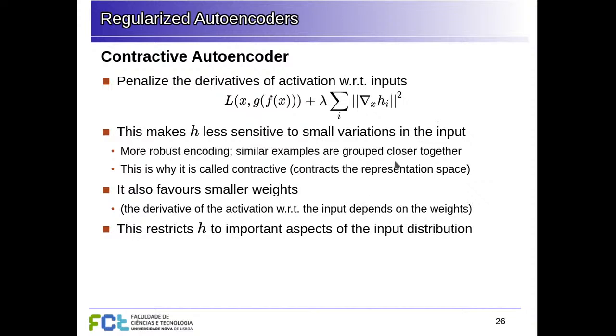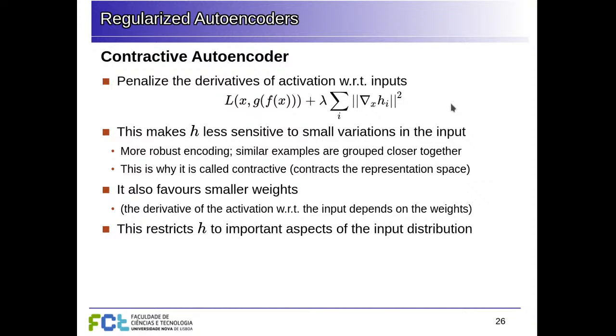It also favors smaller weights, because the smaller weights will also reduce the gradient of the activation with respect to the inputs. So it serves also to reduce the scale of the representation, bringing together similar examples and so on. So this is another way of making the latent representation less sensitive to small variations in the input, and also encouraging it to learn a smoother manifold where our data will lie.